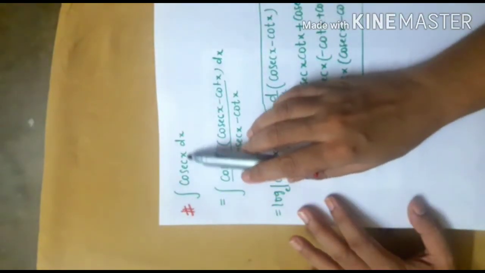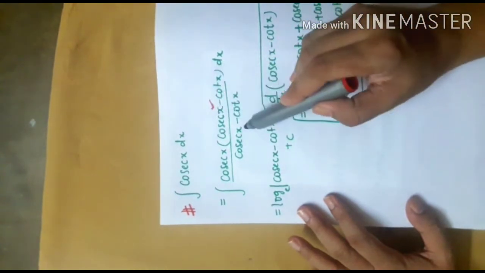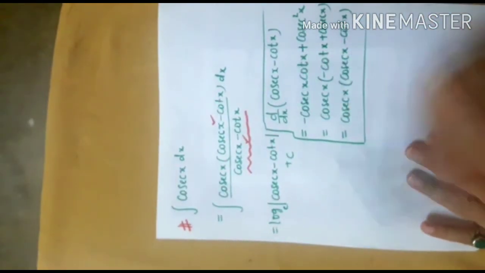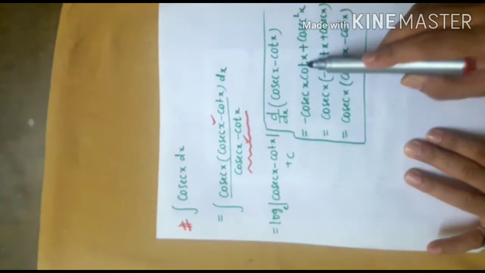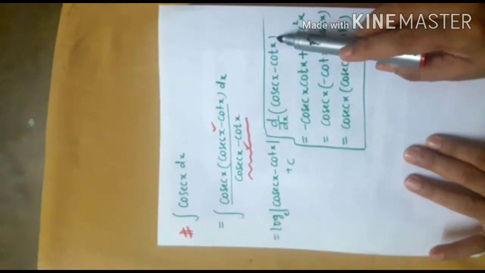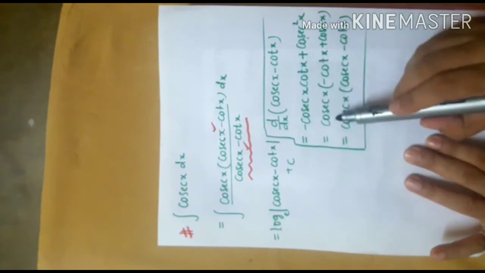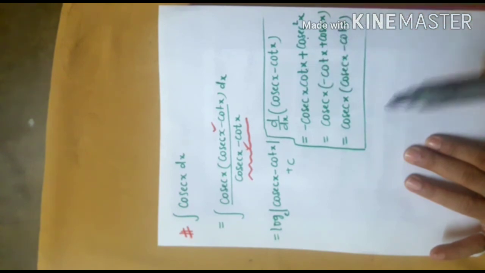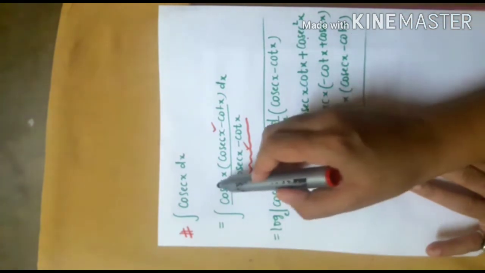Next we have integral cosecant x. Yes, I multiply numerator and denominator with cosecant x minus cot x. Now here the denominator is cosecant x minus cot x. Let us compute its derivative. The derivative of cosecant x is minus cosecant x cot x. And the derivative of cot x is minus cosecant square x. So here I'll get plus cosecant square x. Take the common factor out. So I'll get cosecant x into minus cot x plus cosecant x, that is cosecant x into cosecant x minus cot x.